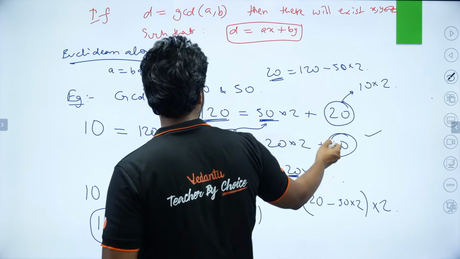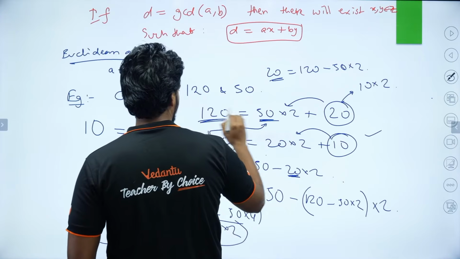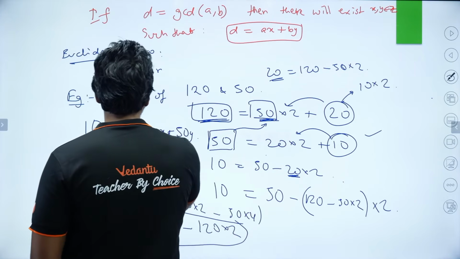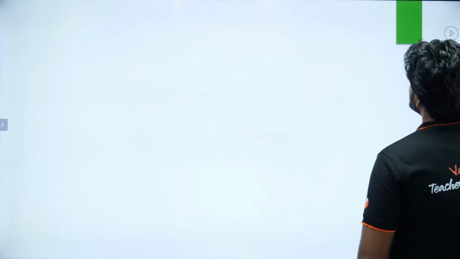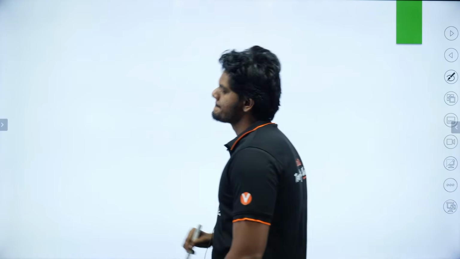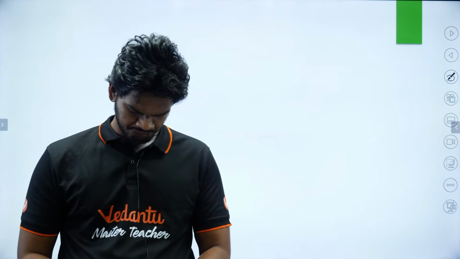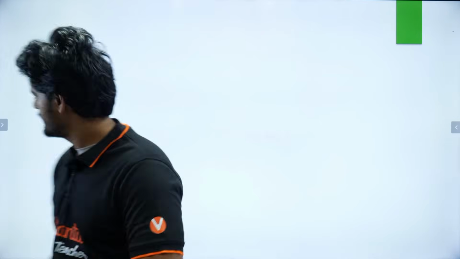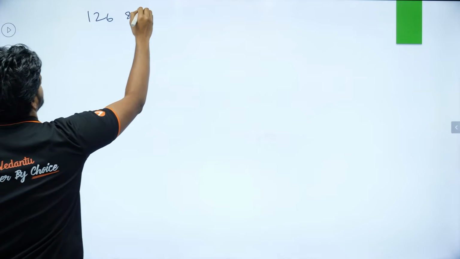I hope you understand. Each of these terms you write in terms of the others, and at the end you want everything in terms of 120 and 50. This you can do for any two numbers. Let's say I have the numbers 126 and 34.